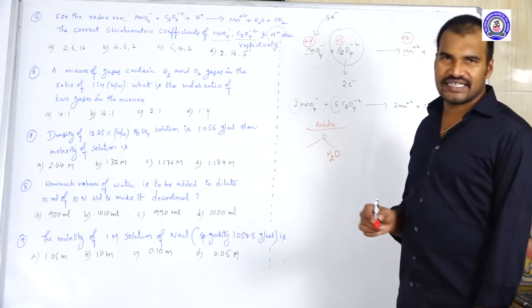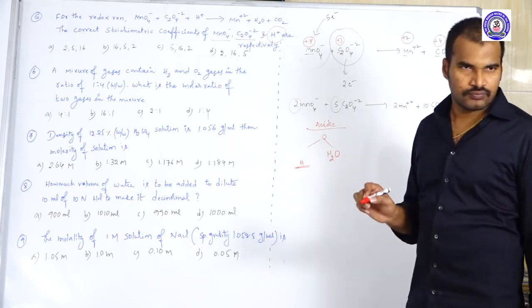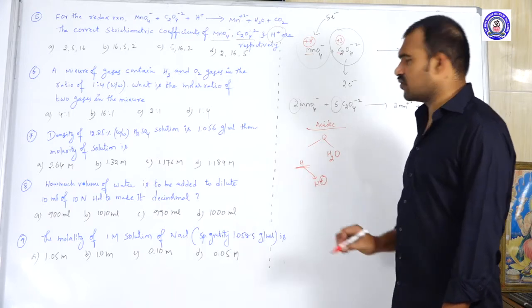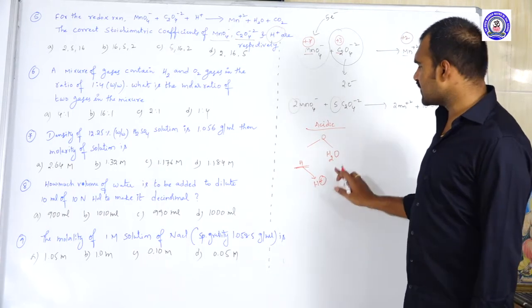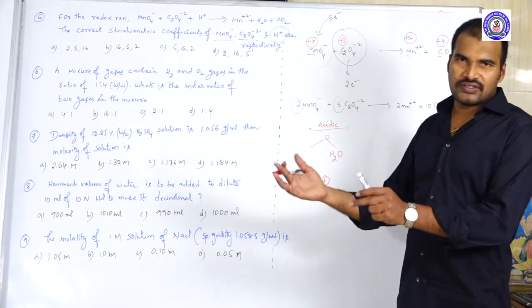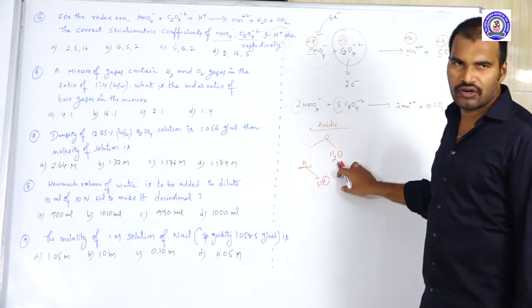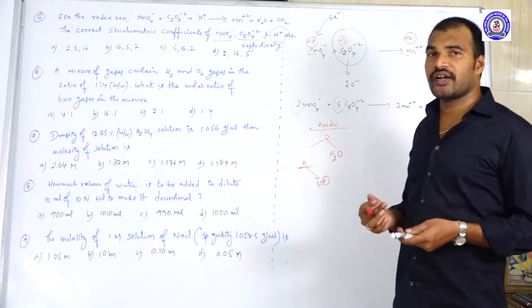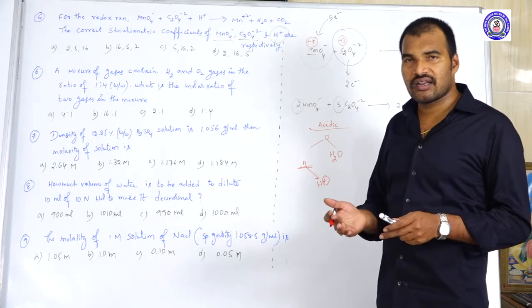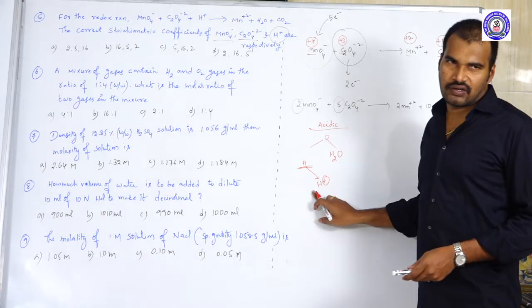Okay, in case of acidic media, to the side where the hydrogens are deficient, add that many number of H plus ions. Suppose in the right hand side 4 oxygens are deficient, you add 4 water molecules on that side. Whereas in case of hydrogen balancing, the side where the H plus ions are less, add that many number of H plus ions.